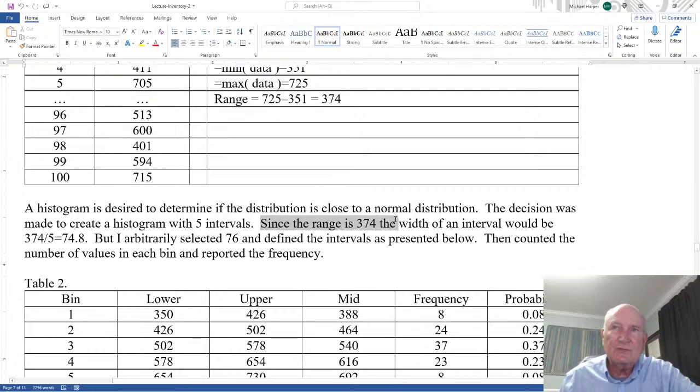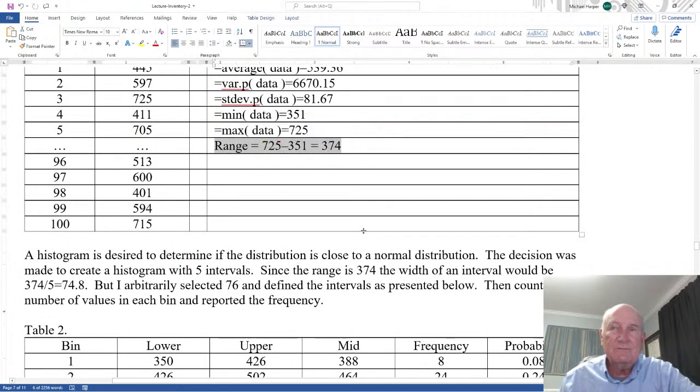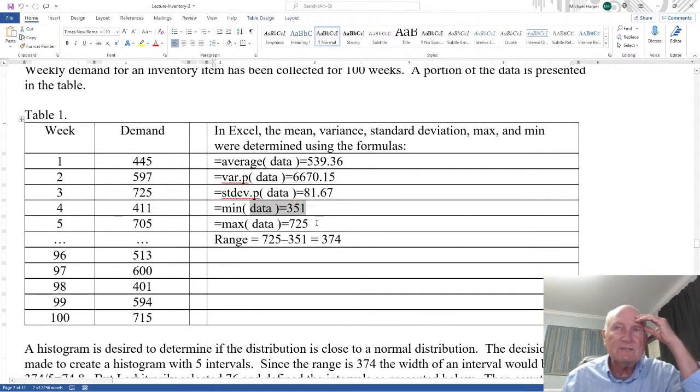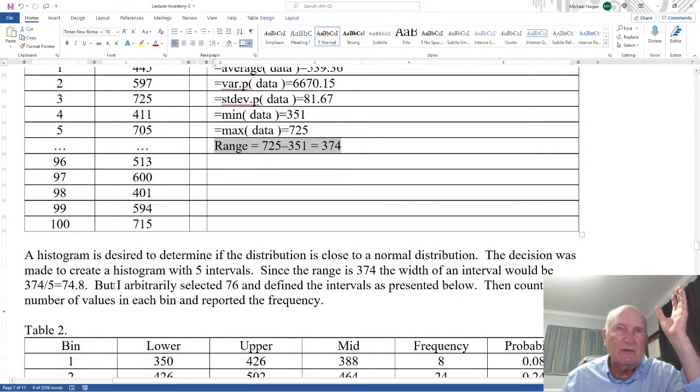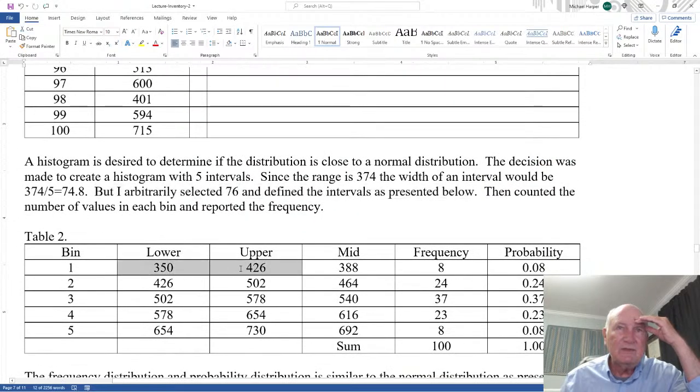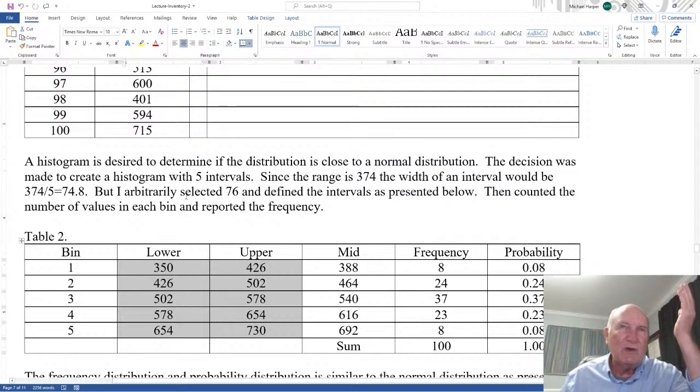Since the range is 374, because I just calculated up here, if I divide that by 5, it's approximately 74.8. So the range goes from the minimum of 351 to the max of 725. So the range is 374. Divide that by 5 intervals, it's approximately 74.8 per interval. But I arbitrarily selected 76 and defined the intervals as presented below. In other words, I wanted to start at 350, end at 730, and that's why I picked 76.